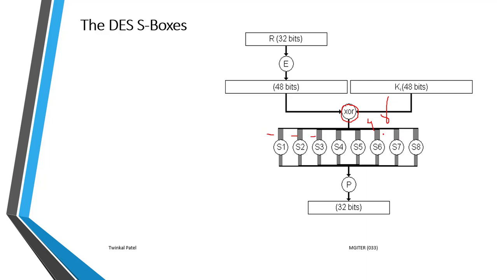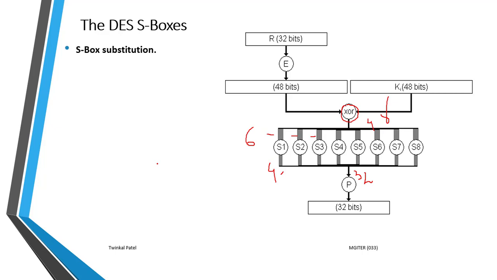In this way all the S boxes take 6 bits as the input and give us a 4-bit output. So S1 will give us an output of 4 bits, S2 will give us an output of 4 bits. In this way a total of 8 S boxes are there. So 8 into 4, so a total of 32 bits are the output of the S boxes.